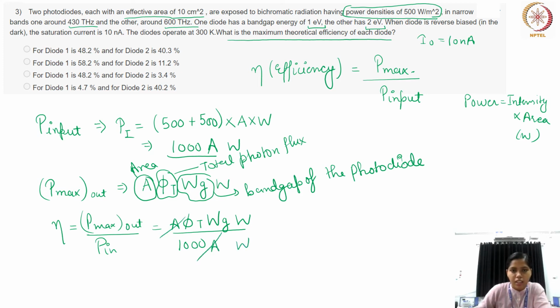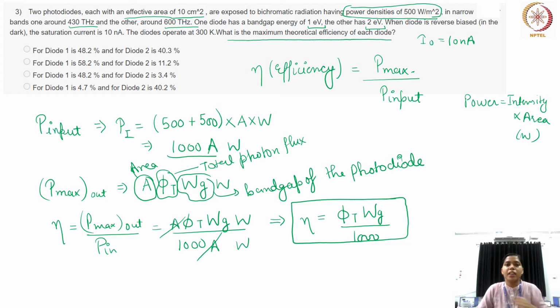So this will be cancelled out. So from here the efficiency we can write like phi t Wg divided by 1000. So this is the expression for calculating the maximum theoretical efficiency of each diode.